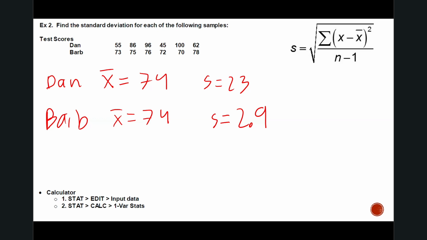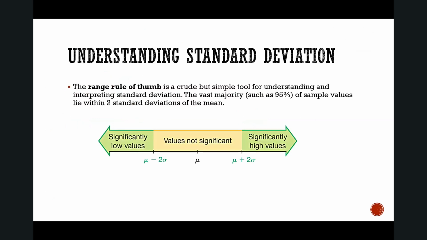Questions? So mostly you're just going to use technology to calculate standard deviation if we need to, but we're going to do it by hand at least once. Let's talk a little more about understanding standard deviation. We talked about different shapes, like normal and skewed. Most data has that roughly bell-shaped curve, and there'll be a whole unit on that.